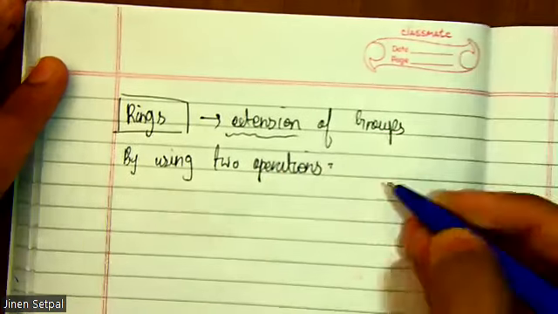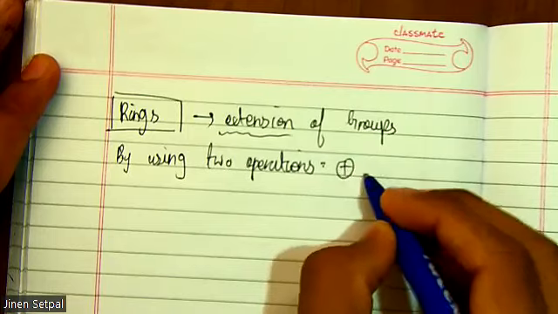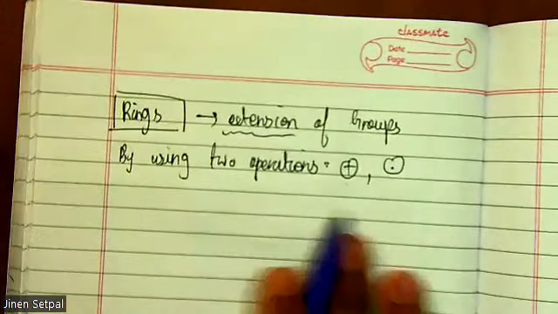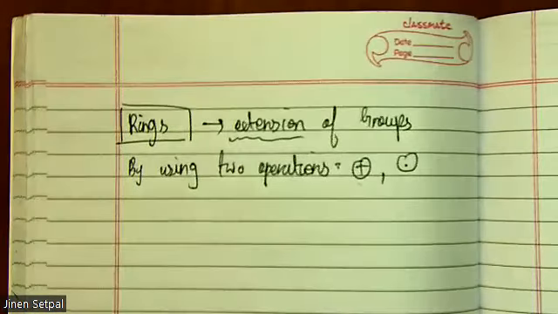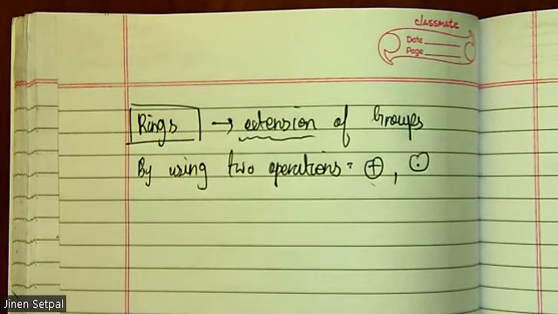The same as last time, I am going to set up an operator plus with a circle and another operator dot with a circle. Both of these operators exist and could be anything, and as long as they fit within our criteria, they work.